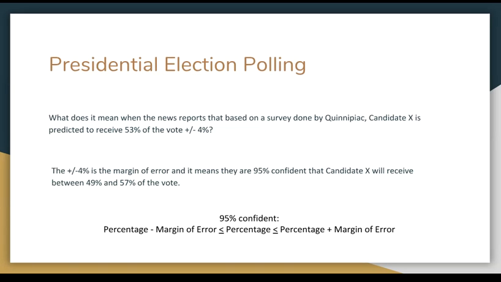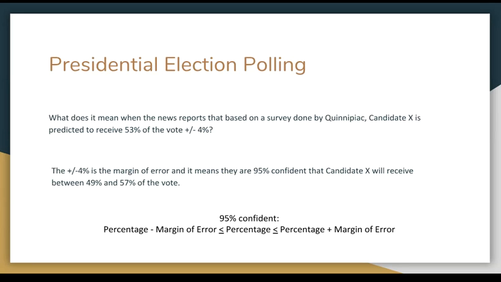So if you ever pay attention, when the news reports that based on a survey done by Quinnipiac, candidate X is predicted to receive 53% of the vote, and then it always has that plus or minus 4%, or plus or minus 7%, or plus or minus 2%. You ever wondered what that plus or minus is supposed to mean?